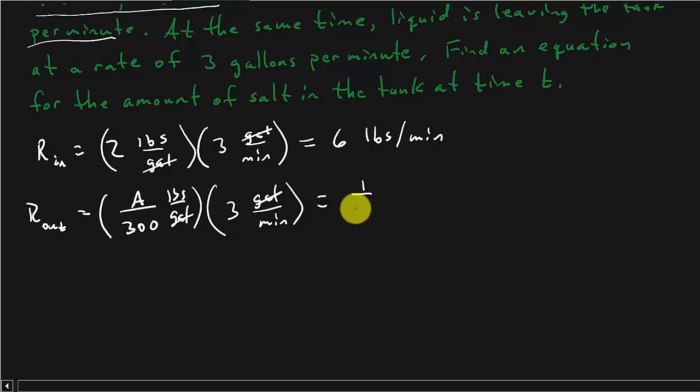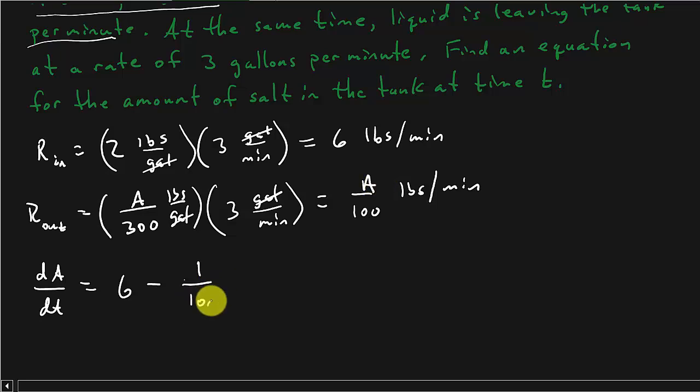We get 1 over 100 A, and that's pounds per minute. So our differential equation is dA/dt equals the rate in minus the rate out. Oops, that should be A over 100, which is 1 over 100 A.